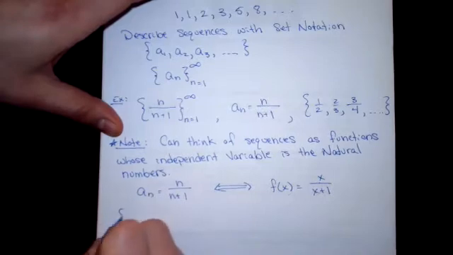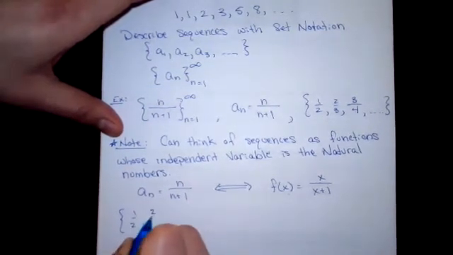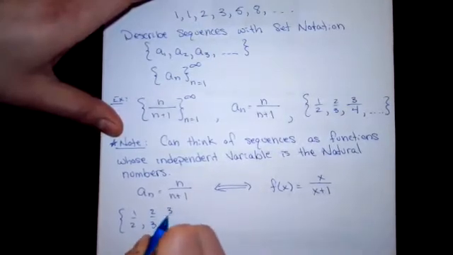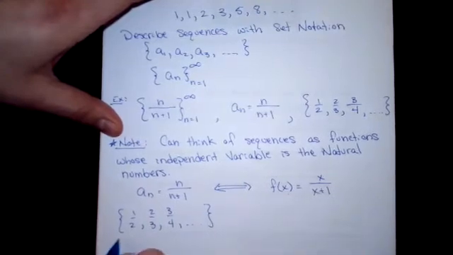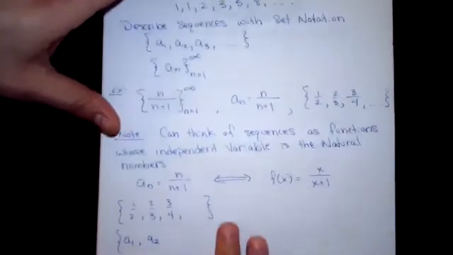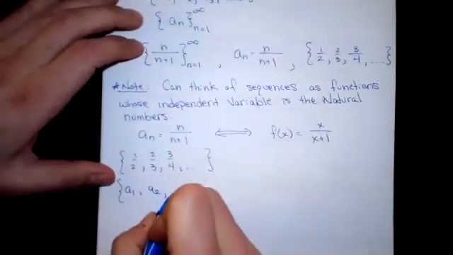And of course, likewise, when we're considering things like 1/2, 2/3, 3/4, these lists of numbers, how did I find these? This was A1. We plugged in 1 for n. This term was A2. We plugged in 2 for n. This term was A3.